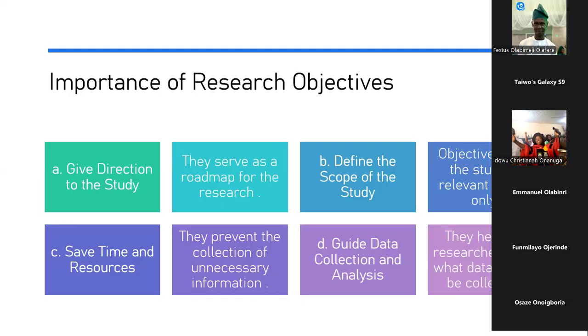So your data collection and your analysis will be centered on the specific issues or factors that you have selected to focus on in your study. So this helps researchers to know what data they should collect.